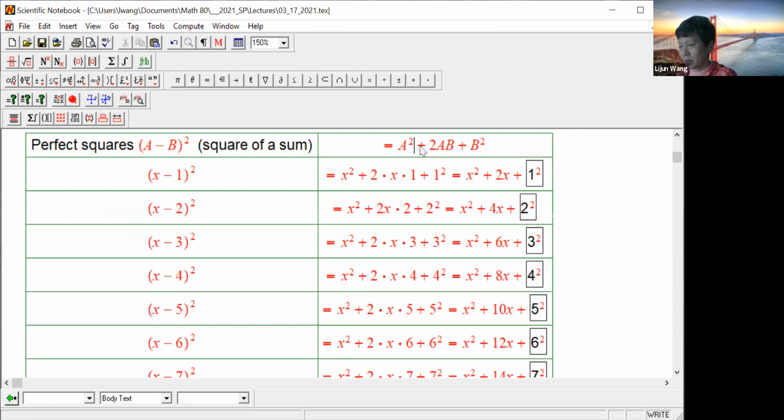So this time it's not a sum, it's a difference.